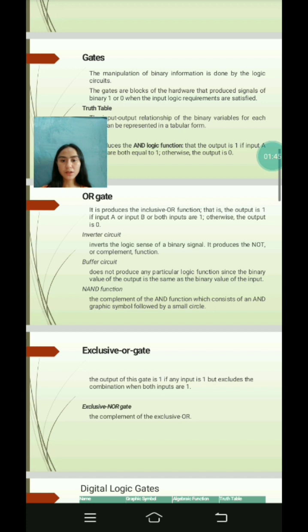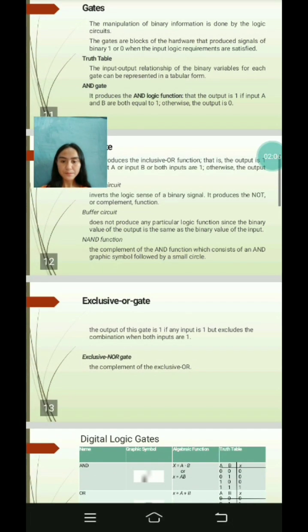Third is the inverter circuit. It inverts the logic sense of the binary signal. It produces the NOT or complement function. The buffer circuit does not produce any particular logic function since the binary value of the output is the same as the binary value of the input. The NAND function is the complement of the AND function, which consists of an AND graphic symbol followed by a small circle.